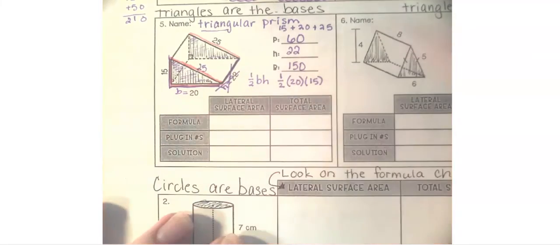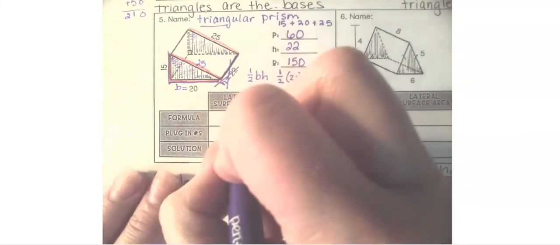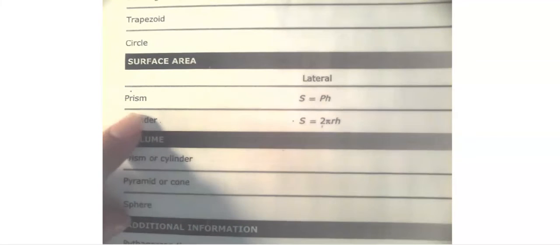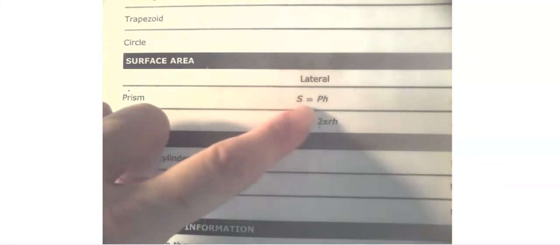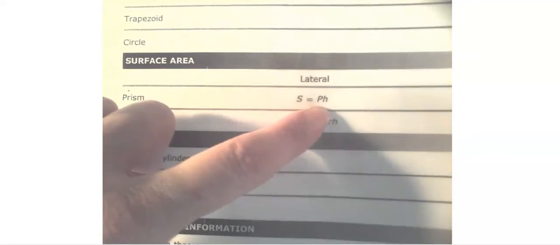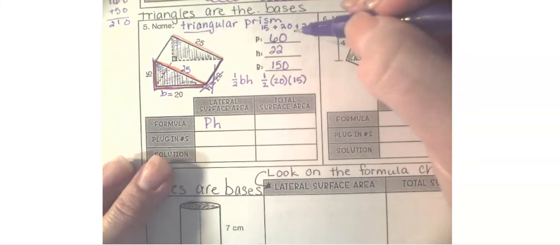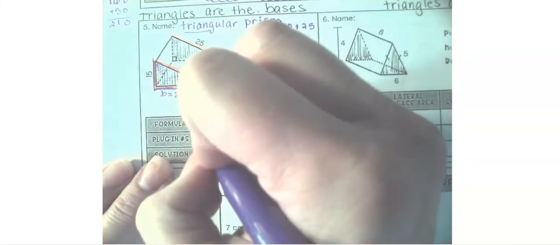Lateral surface area for this is a prism. Surface area for a prism. Lateral. Capital P times H. Capital P times H. So I already know that P is 60.